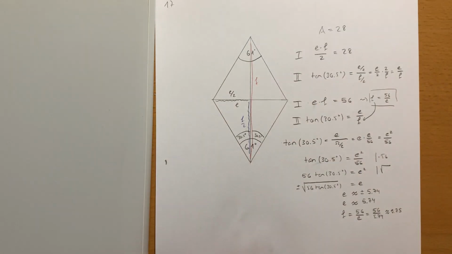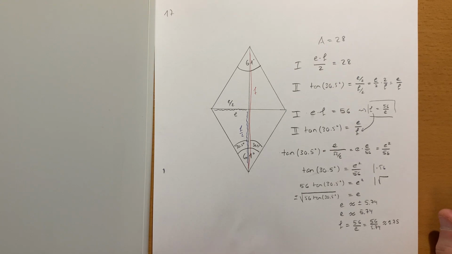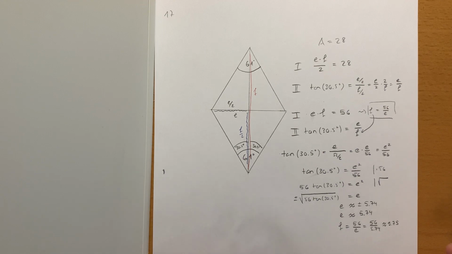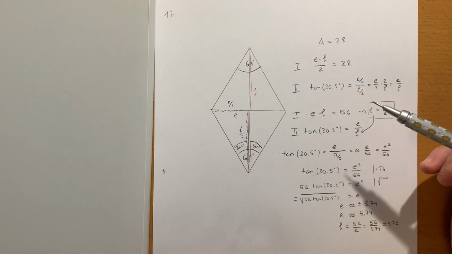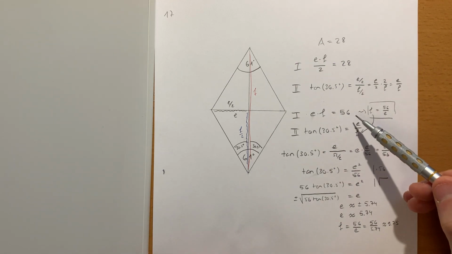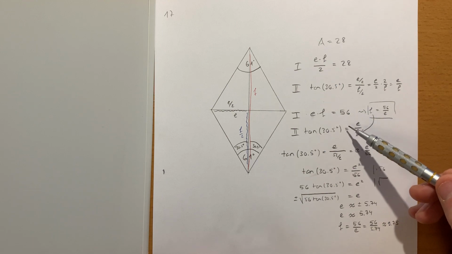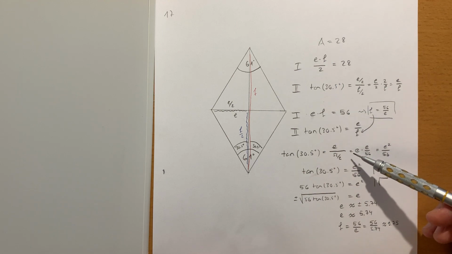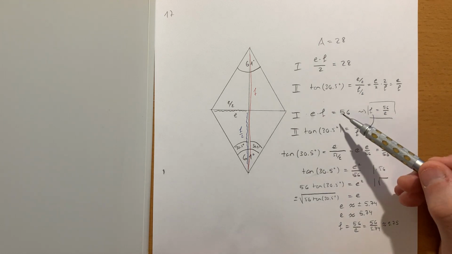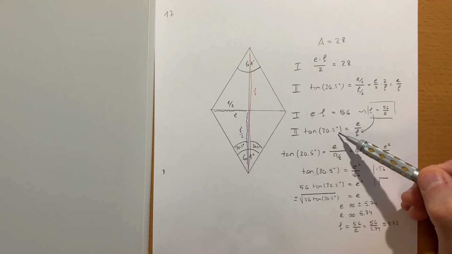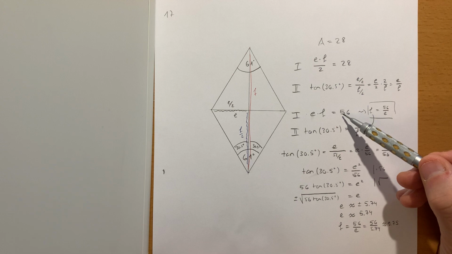I think this is a good moment to sit back for a minute or two and be quite proud of yourself, because this is a difficult exercise. Okay, so 2 pieces of information, and we had to whittle down, reduce the number of unknowns to 1 equation in 1 unknown. We had 2 equations in 2 unknowns, 2 simultaneous equations.